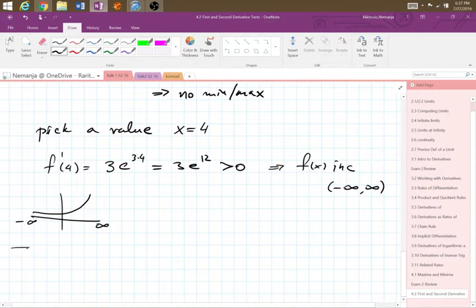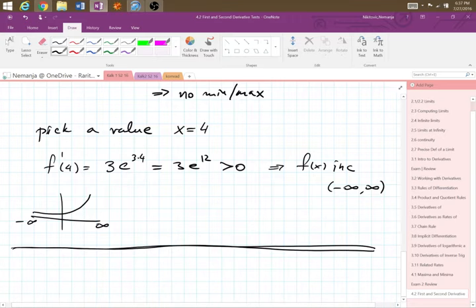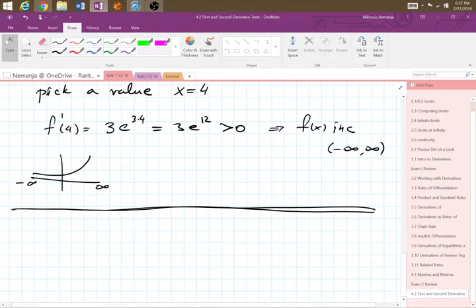So that's the basic concept. Now we're going to take a look at something a little bit more involved. Let me just do the summary one more time. So the first derivative test detects the increase and decrease in a function. And when the increase changes into a decrease, that's a max, at the critical point. And when the decrease changes into an increase, that's a min, again at the critical point.